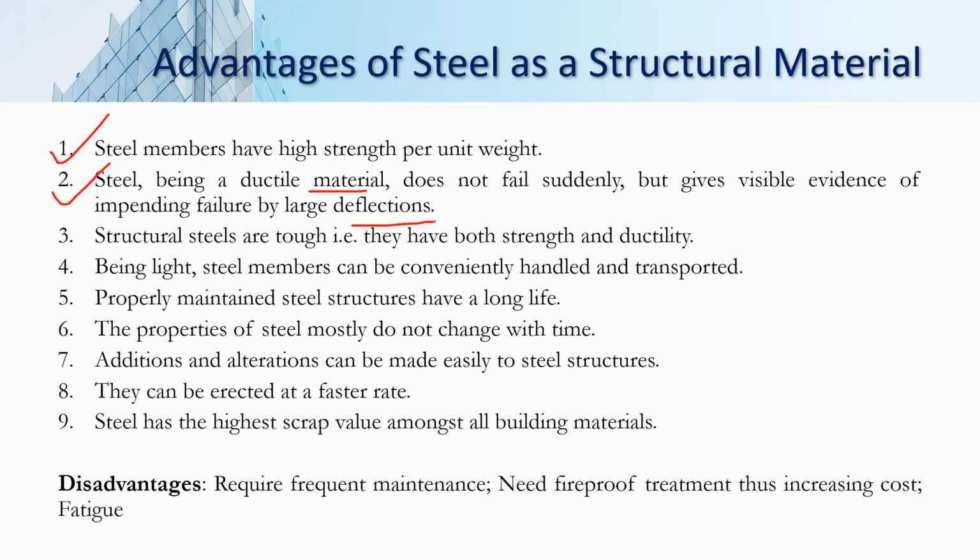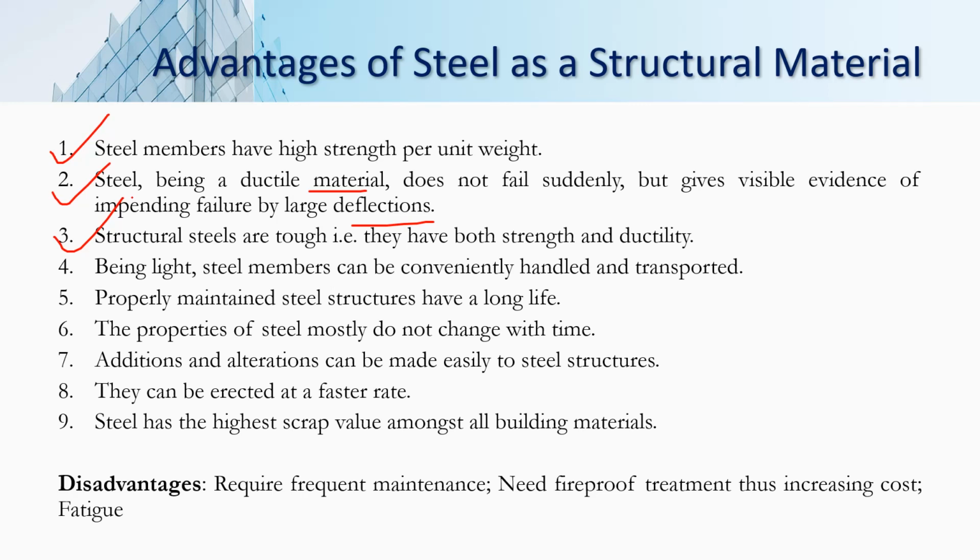The ductility of steel is also responsible for relieving the overstressing in certain members by allowing redistribution of stresses due to yielding. That yielding at certain locations gives way to the redistribution of stresses so that there aren't any premature failures.